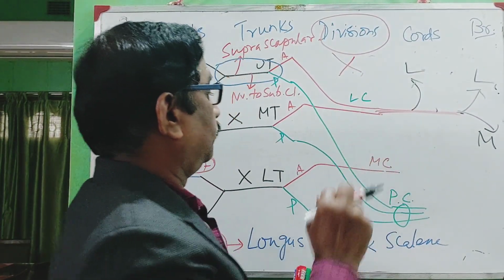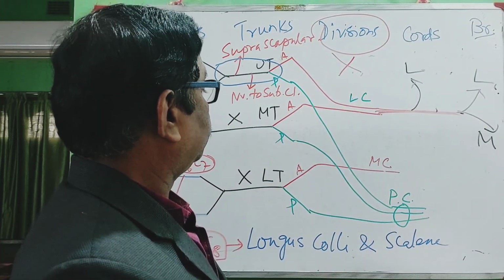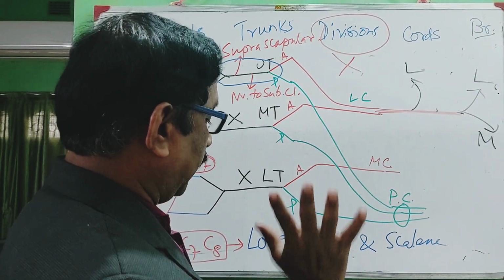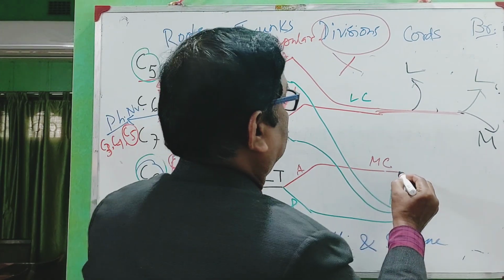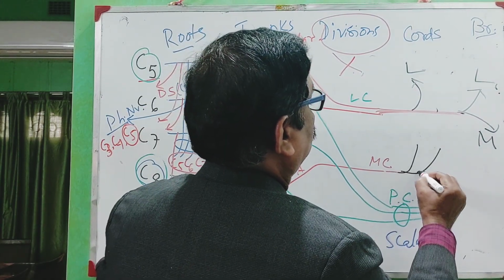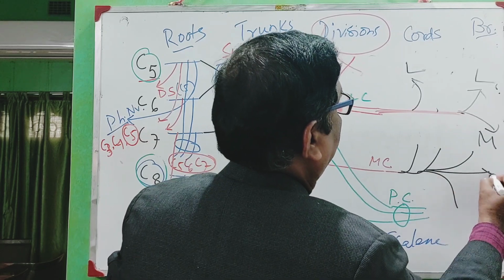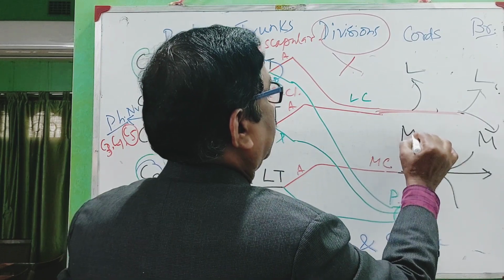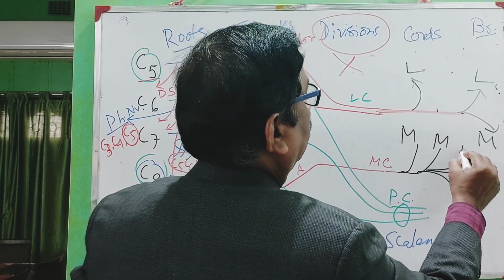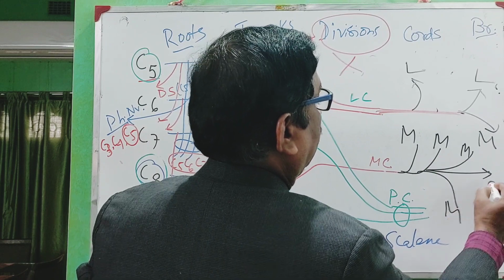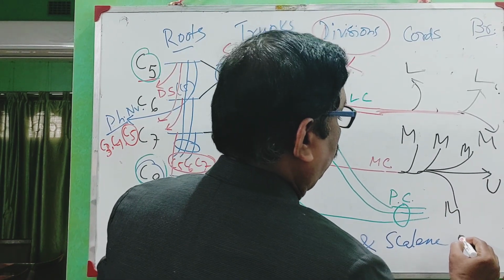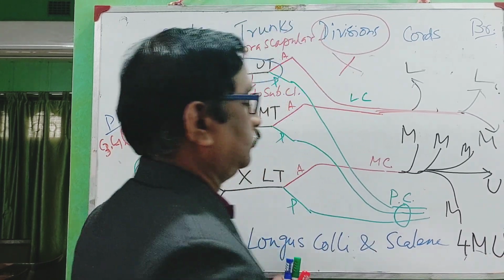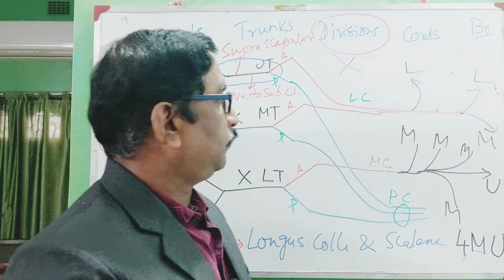Now, come to the medial cord. This medial cord, it gives rise to 5 branches, 1, 2, 3, 4 and 5. One is the M, M, M, M and U. That means there are 4 M and 1 U. What are the 4 M?